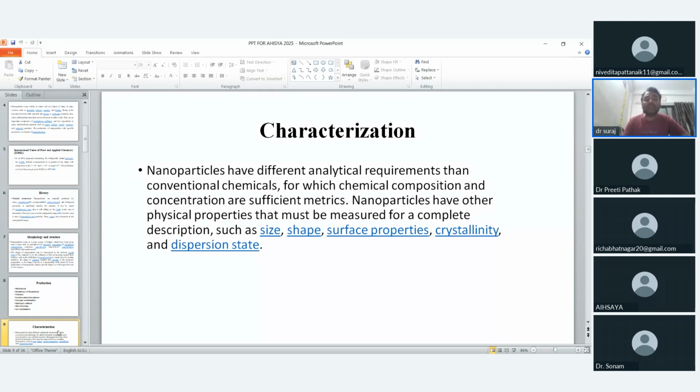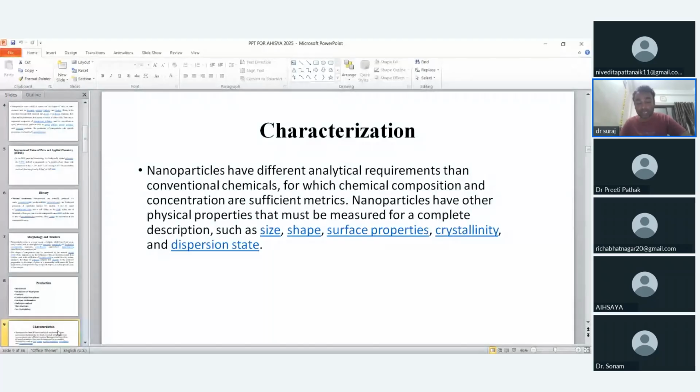So they have a different composition, a different property, a different physical characteristic, a different chemical characteristic.